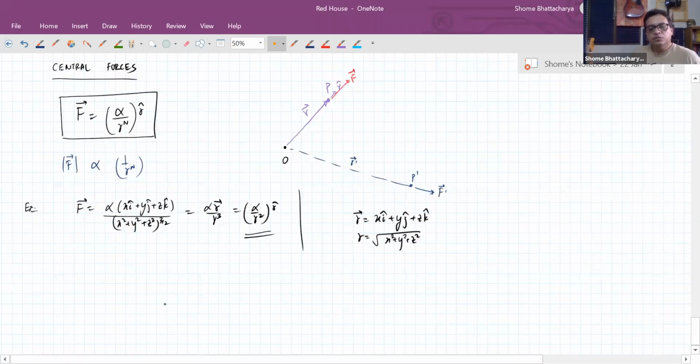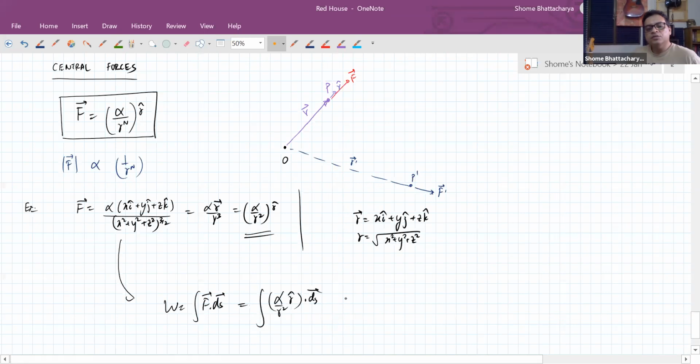We could have said that the work done by this force, which is integration of F dot ds, is just integration of alpha by r square r cap dot ds, which I taught you is simply this, because r cap is a unit vector, so its dot product with ds is the component of ds along that r cap. Okay, so for example here, if the particle is making a displacement ds like this, then r cap dot ds is nothing but the component of that along r cap. So it's nothing but this one, dr. So r cap dot ds is nothing but ds cos theta in that diagram, that is nothing but dr.